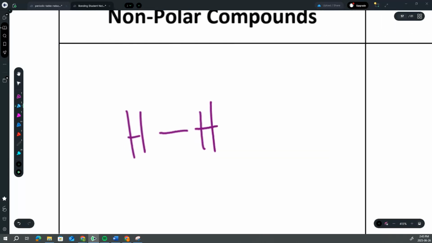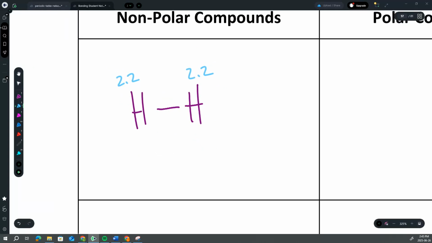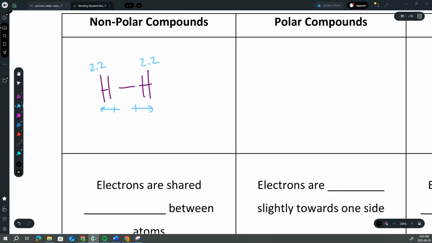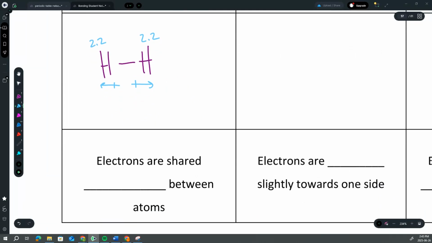Since they have the same electronegativity, which is 2.2, both of these atoms are pulling on the electrons within this bond with the same force, but just in opposite directions. Okay, so in nonpolar compounds, the electrons are going to be shared equally between the atoms.